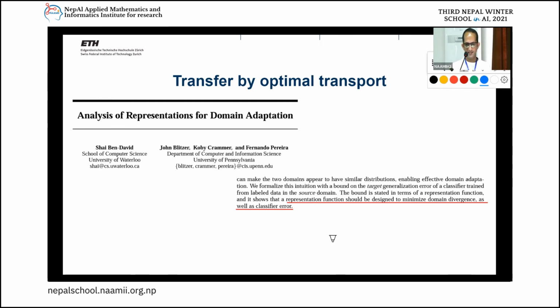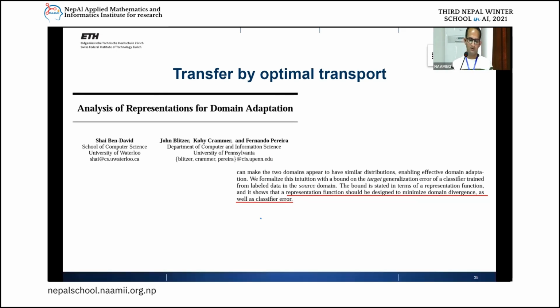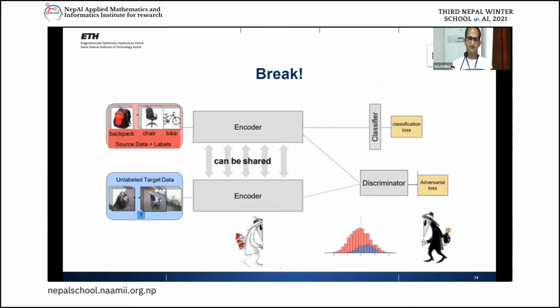This particular paper says that the representation functions should be designed to minimize the domain divergence, basically the distribution distance, because I guess you also studied KL divergence and JS divergence. They also compare distributions, and those distribution distances need to be minimized, as well as the classification error, of course. In the previous setting, the discriminator minimizes the distribution distance, and the classifier minimizes the classification error.